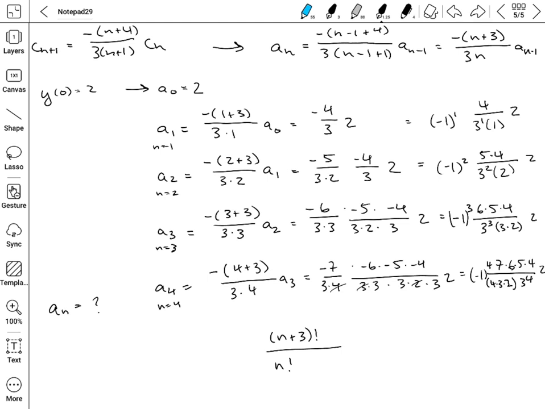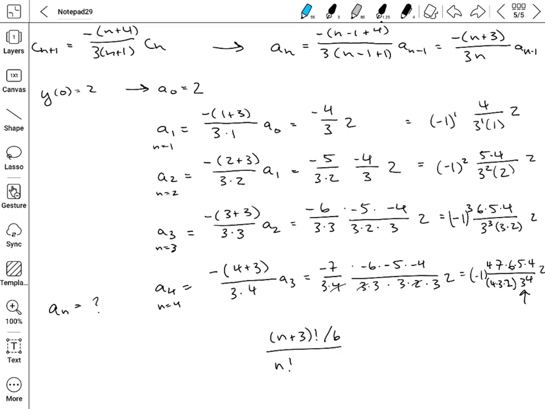But I never include my times 3 times 2 in there, or just my times 3 if you consider my initial condition. So I'm going to divide by 6 to correct for that, because n plus 3 factorial would include times 3 times 2. So I divide by 3 times 2 to cancel that out.